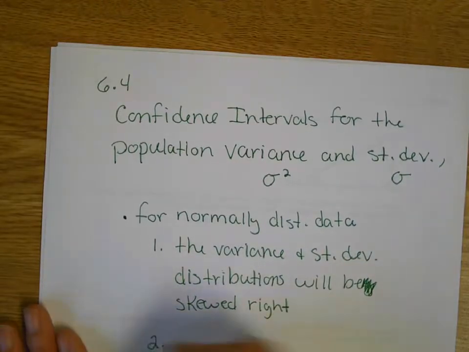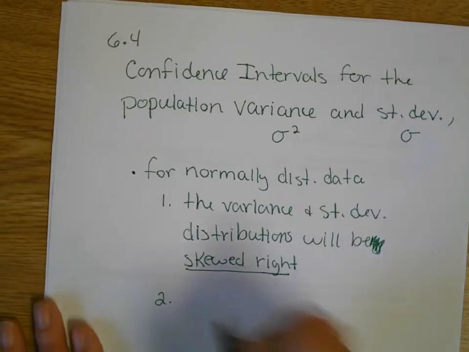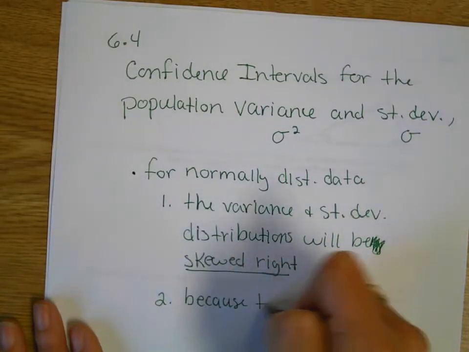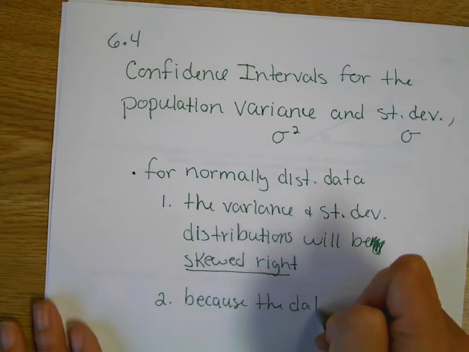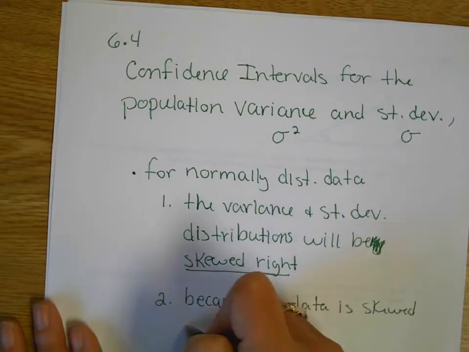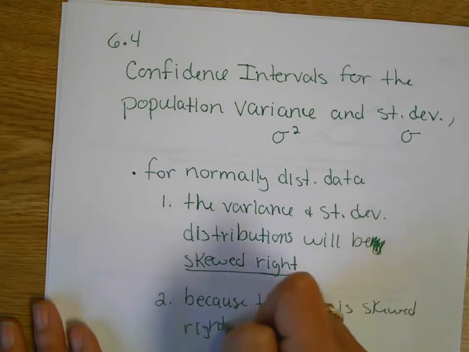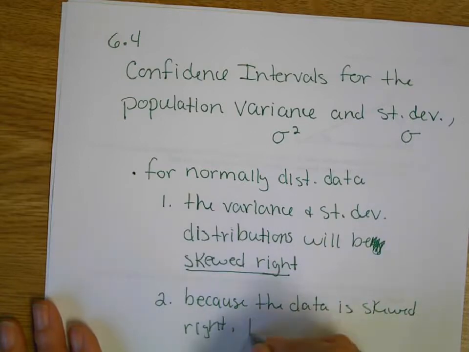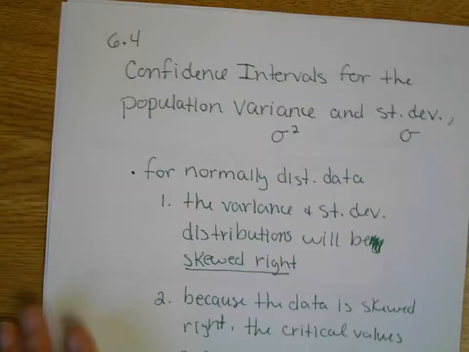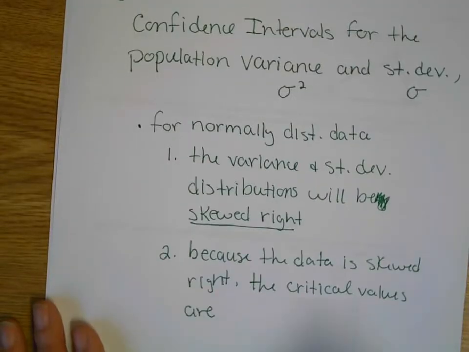And then the second thing, because they are skewed right, we have a new graph, new table. So, because the data is skewed right, the critical values are chi-square values.